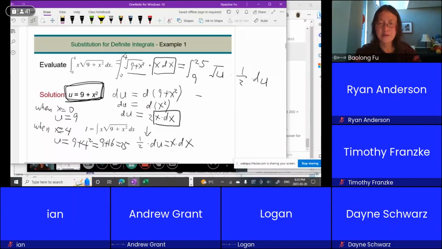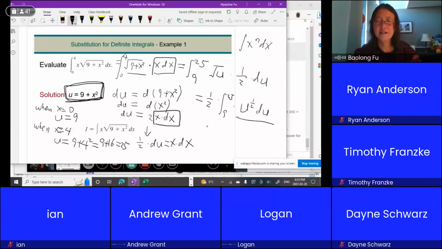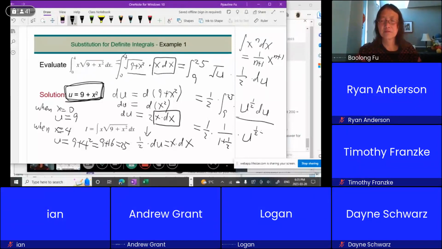Okay, keep on going. So this becomes u du, and this becomes x to the n dx. This is 1. So this becomes 1 plus 1/2, and then 9, 25.